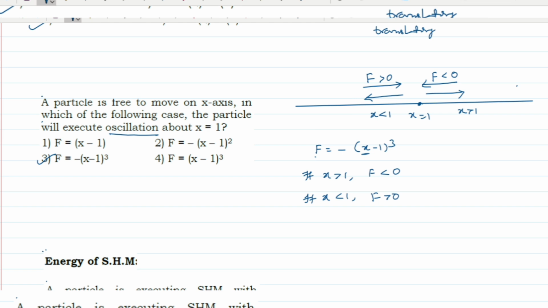That means if the particle is displaced towards the right, a restoring force acts back, and if the particle is displaced towards the left, the restoring force brings it back.